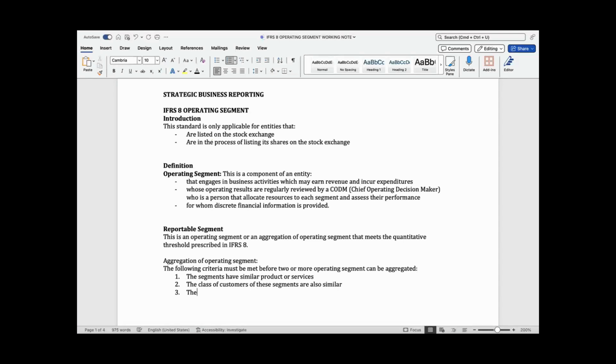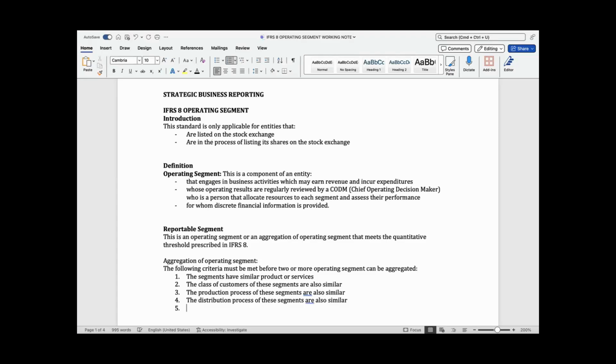Number three, the production process. The way they produce their goods are also similar. The distribution process of these segments are also what?